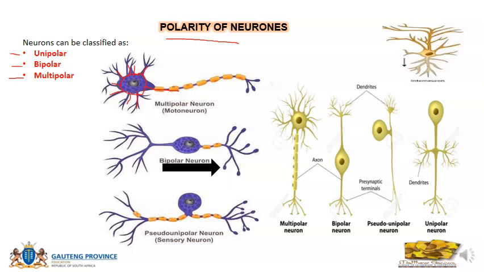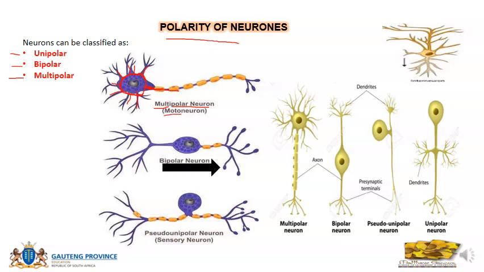So here I have 9 cytoplasmic extensions directly touching the cell body. The moment I started counting from 1 and I got to 3, 3 is already many. So that's why with 9 cytoplasmic extensions, this neuron will be a multipolar neuron. And this is an example of a motor neuron.